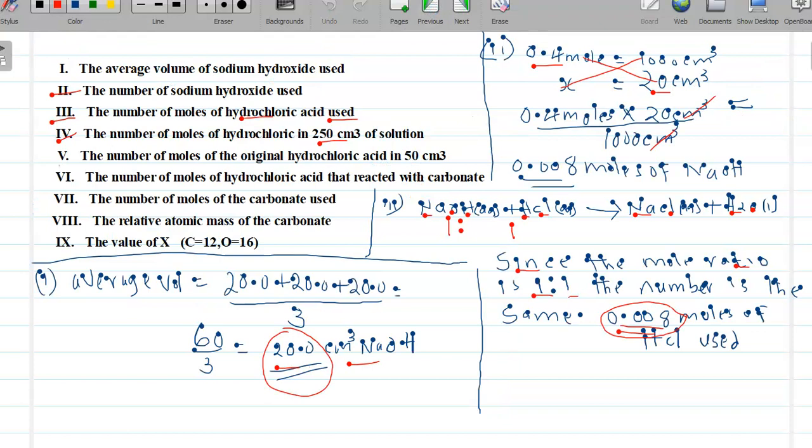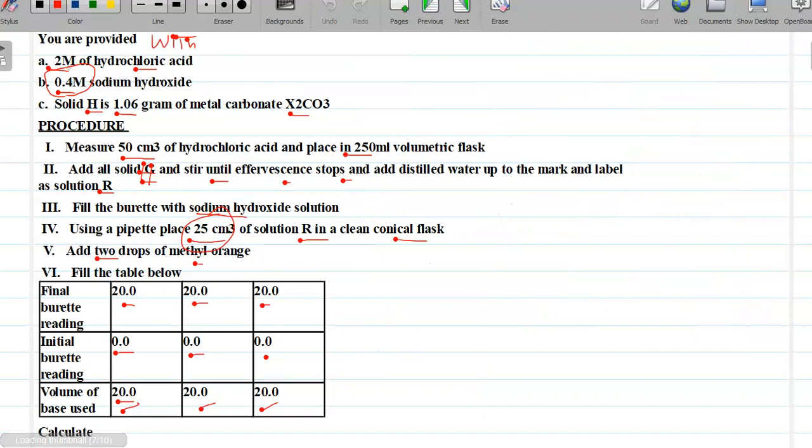So the next question, which is question 5, is the number of moles of the original hydrochloric acid in 50 centimeter cubic. We have the original hydrochloric acid, the molarity as 2 molar of hydrochloric acid.